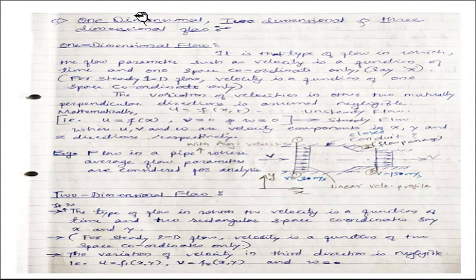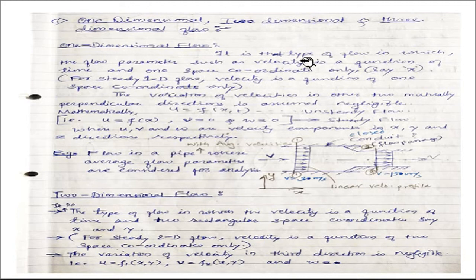Then we define something called 1D flow, that is one-dimensional flow, two-dimensional flow, and three-dimensional flow. This is the classification of the types of flow. So what is one-dimensional flow?